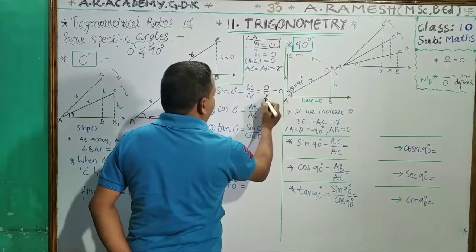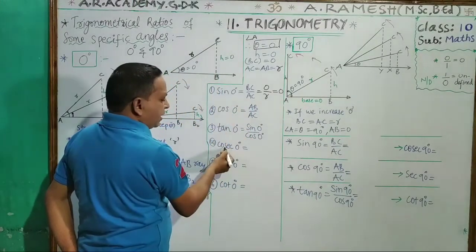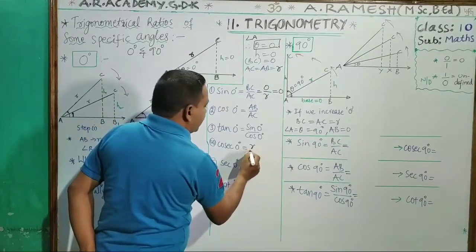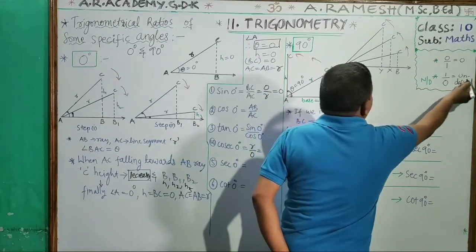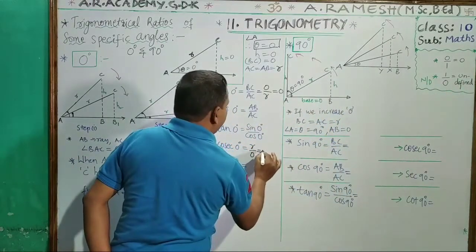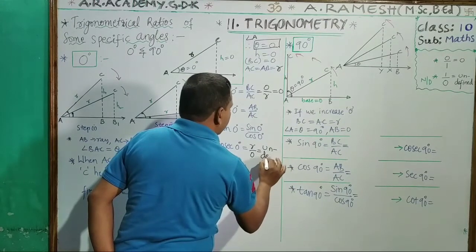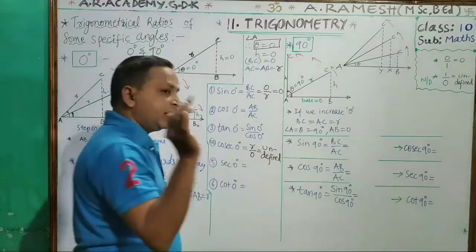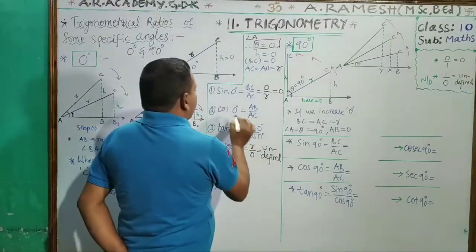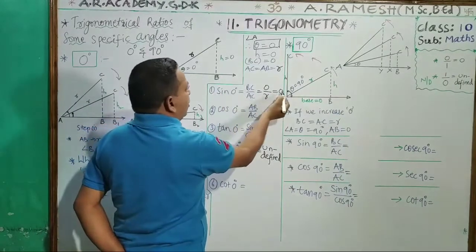The reciprocal of sin is cosec, so this is R by 0, which is 1 by 0, undefined. It is not having any value. It is not determined. Sin 0 value is 0.